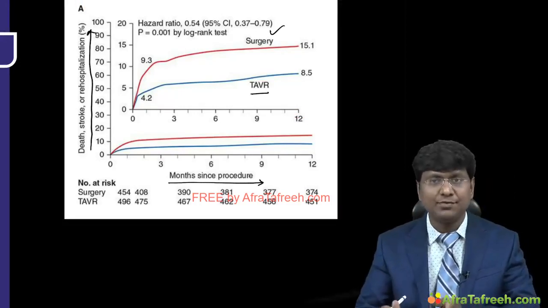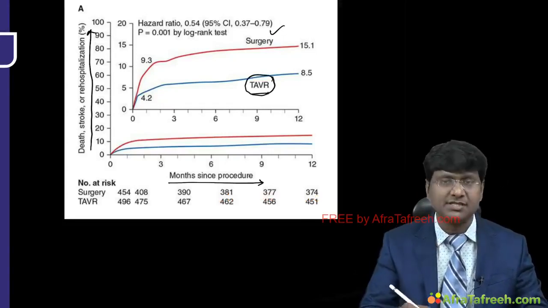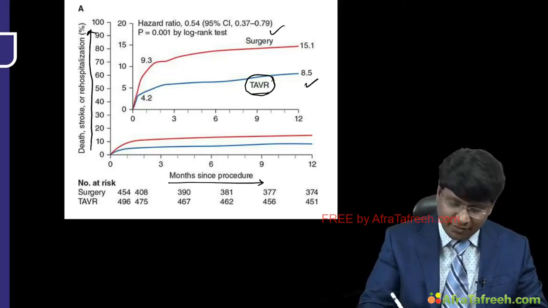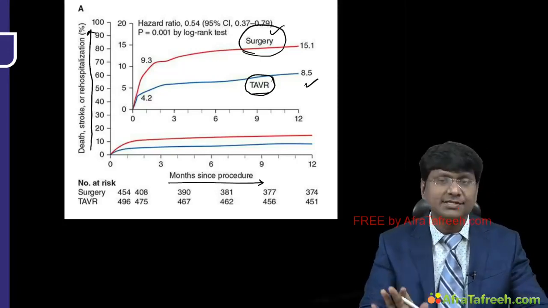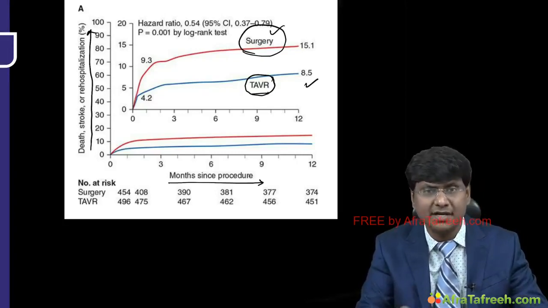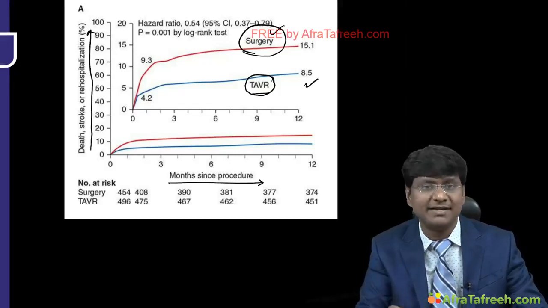As time progresses, with TAVR the chances of rehospitalization, death and stroke are less when you compare that with surgery. So the preferable method these days is the transcatheter aortic valve replacement.